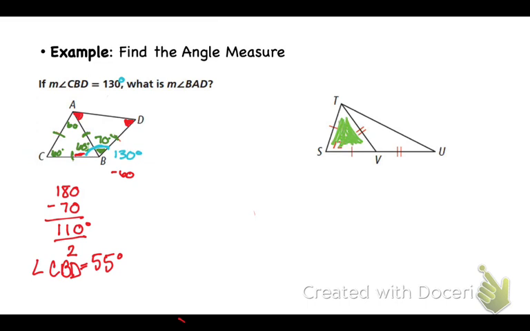It's isosceles. And that'd be 180. So it means these two angles are what? Congruent. If I know 72, how am I going to find the other two? Take 180 minus 72, which is 108. Divide by 2 is 54. So this is 54. And this is 54.